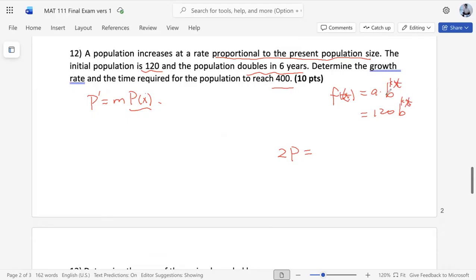The initial value is 120, right? The base, we do not know the base. But we know it doubles every 6 years, so it takes 6 years to double. But maybe we don't need to involve k.